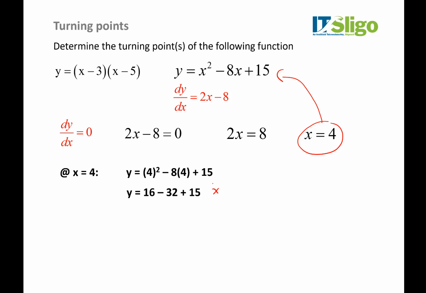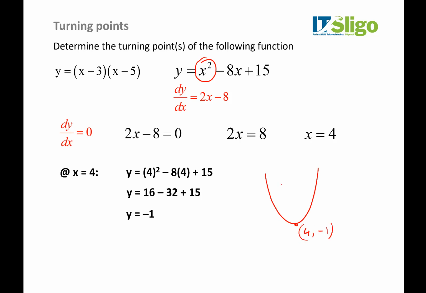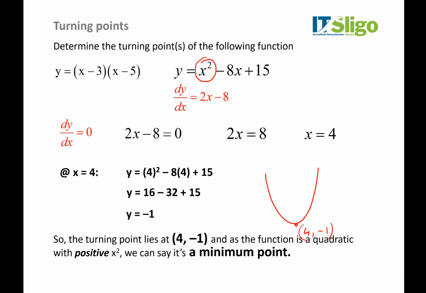So it's plus 31 when we add together the positive values, minus 32, y will be minus 1. It's a smiley curve. Our turning point now we figured is at (4, -1). Because it's smiley, our turning point must be a minimum point.